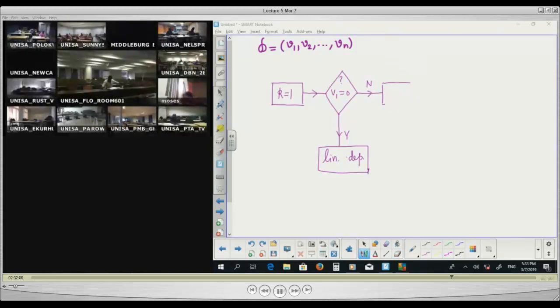So you should ask here this question, whether you are at the end of the list or not. If the answer is yes, then you land up with linear independent. If the answer is no, you reassign your K.